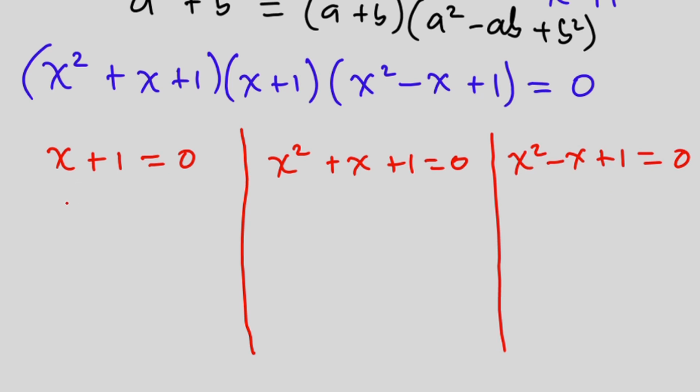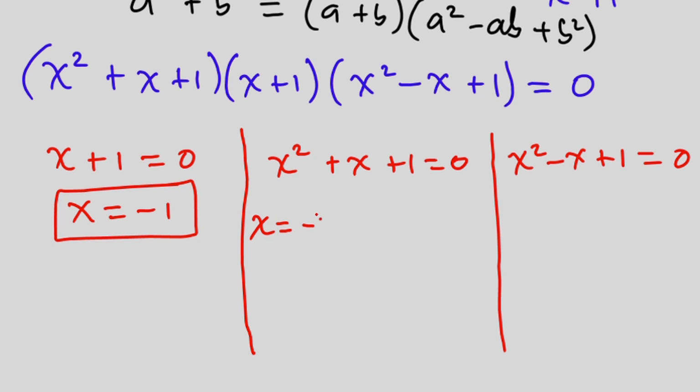With the first one, it is very simple. x is equal to negative 1. Then with this equation, we're going to make use of the quadratic formula, which is equal to minus b. b is positive 1, so it will be negative 1. Then plus or minus the square root of b squared, we're going to have positive 1, then minus 4 times a times c, they are all 1, so we're going to have minus 4, divided by 2 times 1.